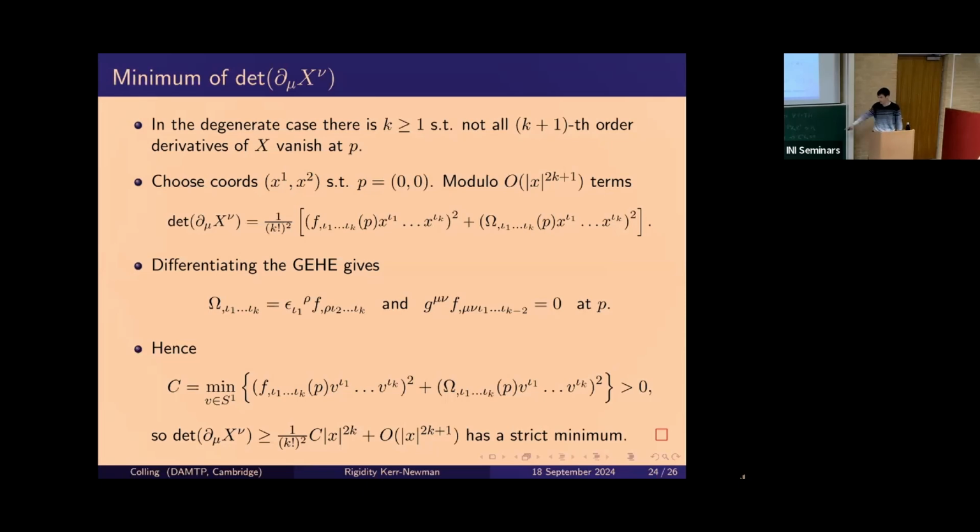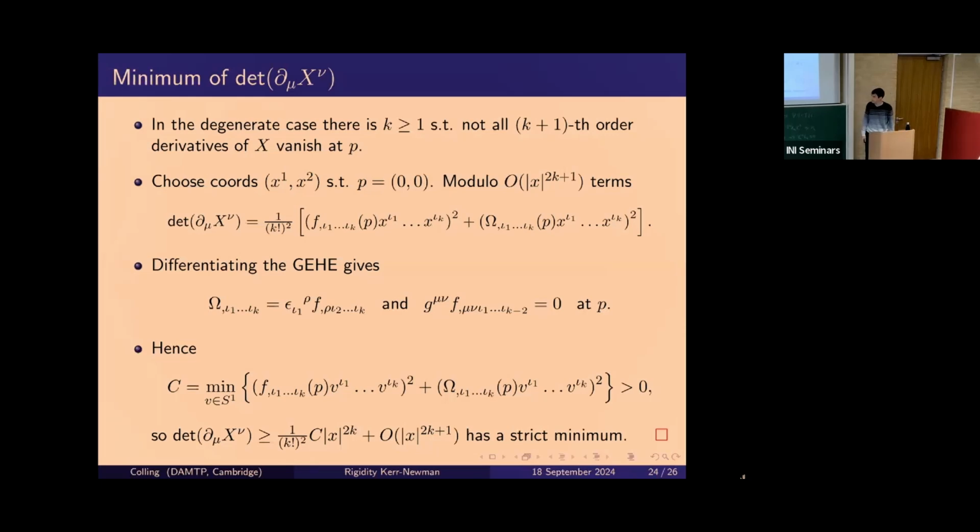But that would imply by the equation that all k plus first order derivatives of x are 0, which contradicts the definition of k. So this constant c has to be positive, and then you can estimate this determinant to show that it must have a minimum at the origin. And then we find that the index is positive, and by the Poincare-Hopf theorem, we conclude that the Euler characteristic has to be positive.